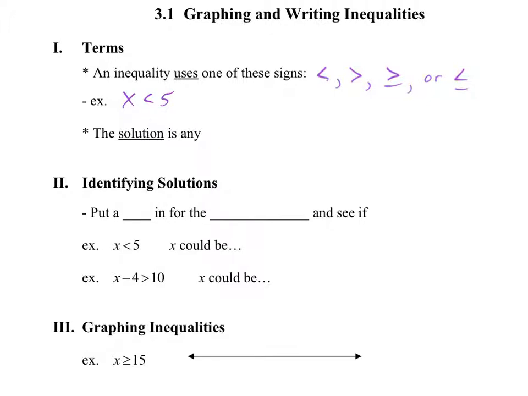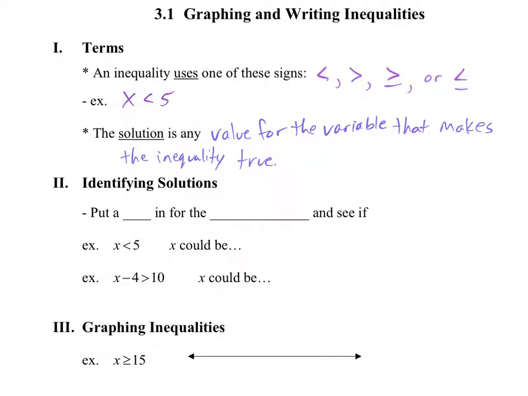Okay. The solution is any value for the variable. So anything that we could put in for x in that example above that makes the inequality true. Any solution is any value that makes the thing true.